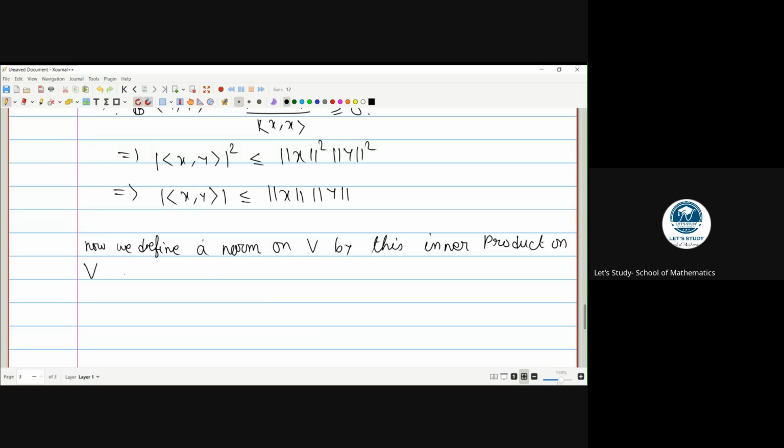For x belonging to V, the norm of x is defined to be root over of x comma x. Okay.